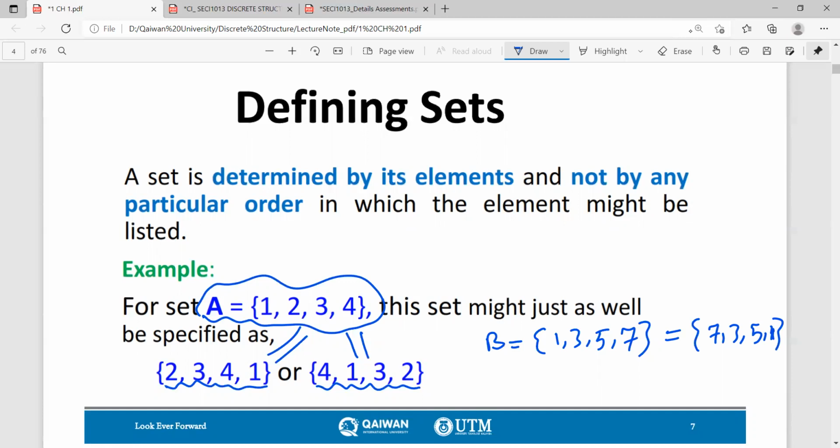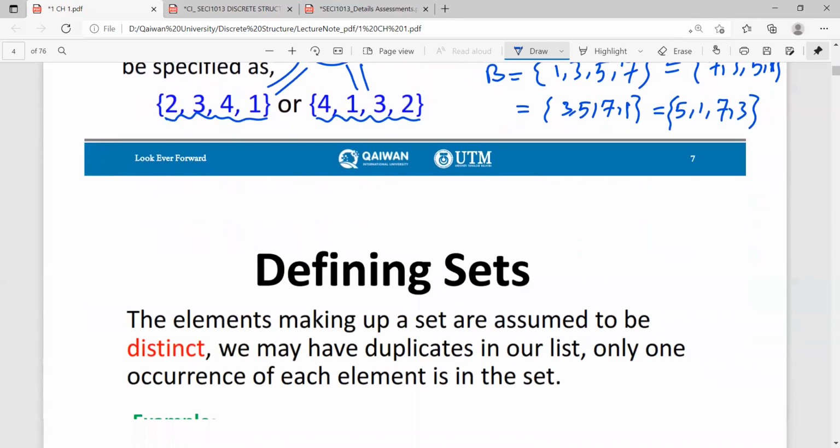And also equal to 3, 5, 7, 1. It also equals 5, 1, 7, and 3. Any of these representations of that set is the same. All of these are the same.